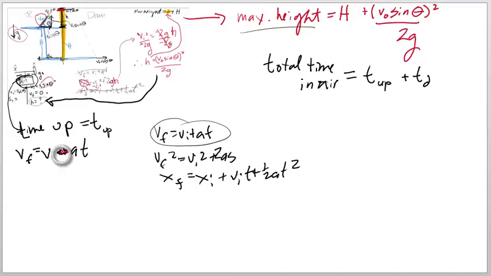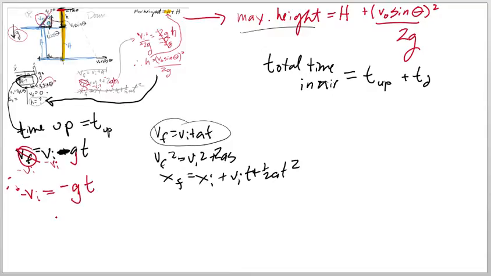Actually, I'm going to change this to minus, in a different color. I'm going to change this one to minus and this one to g, because we know that the acceleration is negative g. And we know that the final velocity, because we're still going on the trip up, is 0. Therefore, negative initial velocity equals negative gt.